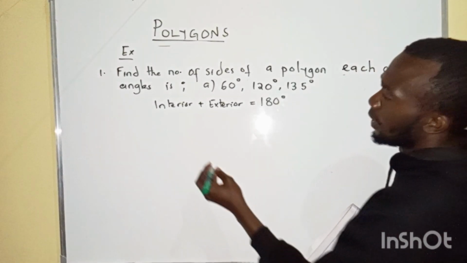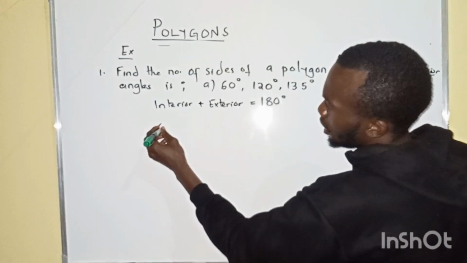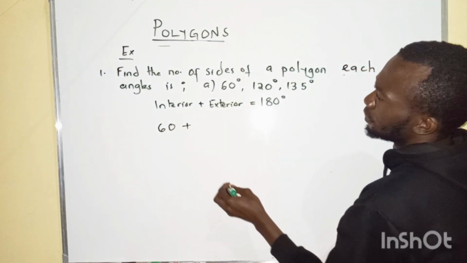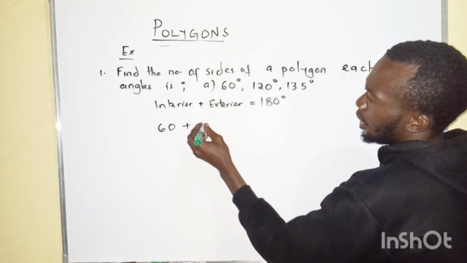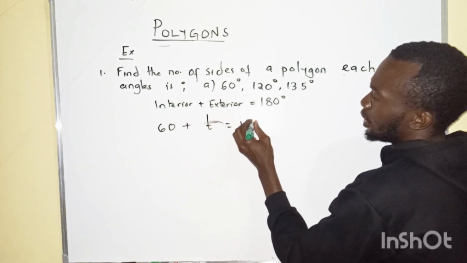So interior 60 plus exterior, let me just use t, is equal to 180 degrees.